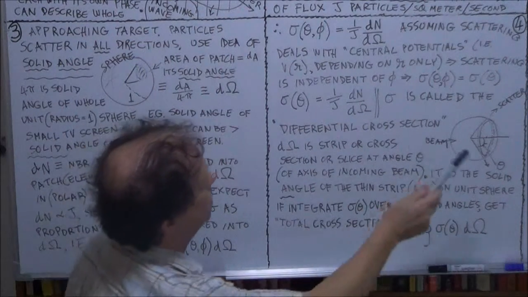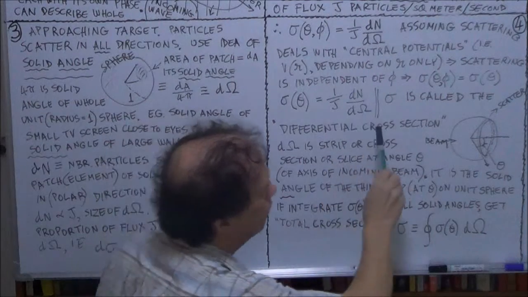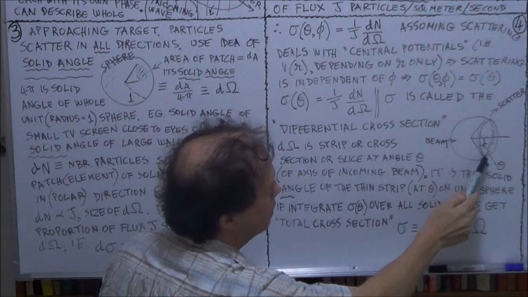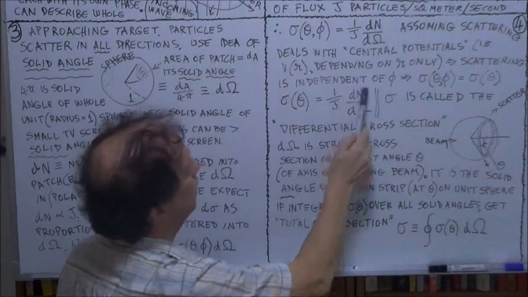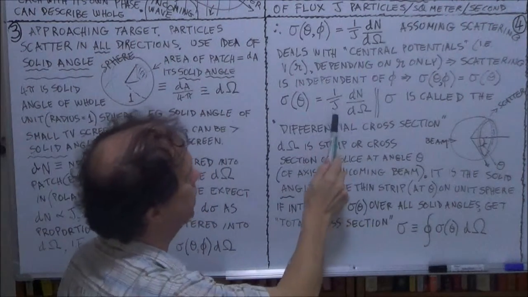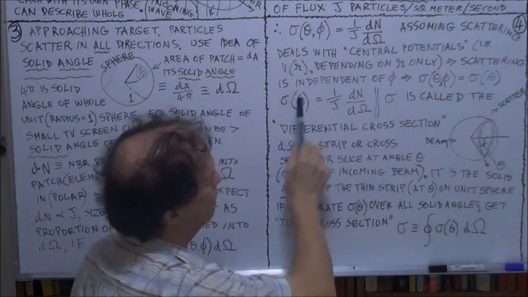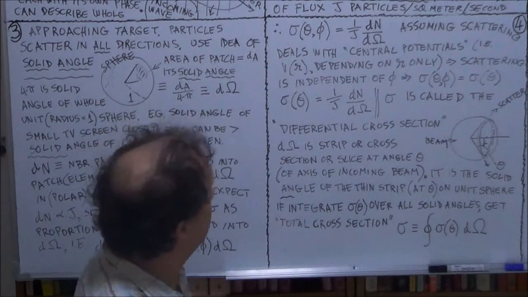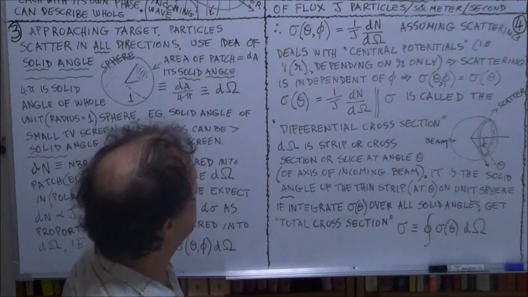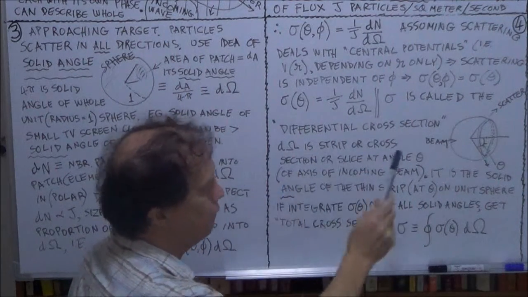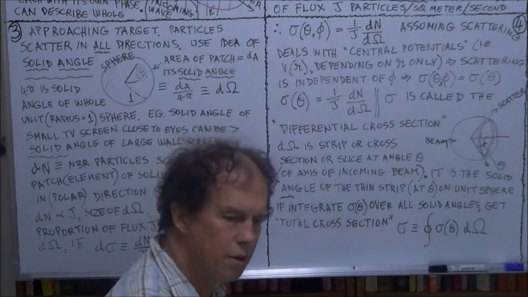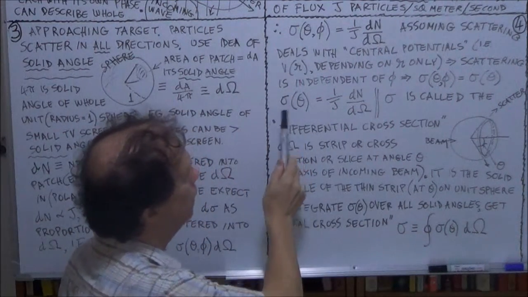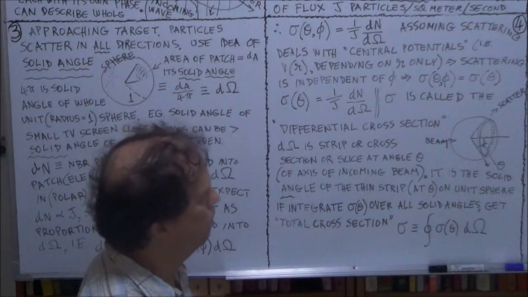So the proportion of your beam going in that comes out, gets scattered into this solid angle, that's your dn. And you divide the whole thing by j to talk about unit flux density. If it's not so intuitively obvious, you need to think about the nature of this differential cross-section.